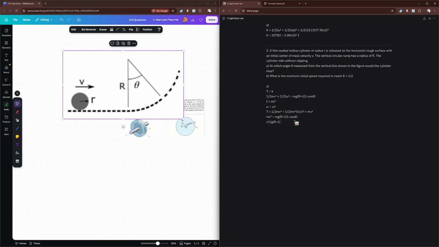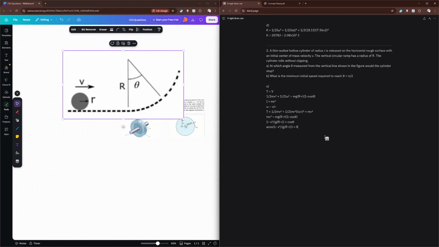And then we're going to just do 1 minus this, which is equal to cosine theta. And if we want theta itself, we're going to take the inverse cosine, or the arc cos, of this term: 1 minus v squared over g(R minus r) is equal to theta. And that is how you solve that question.